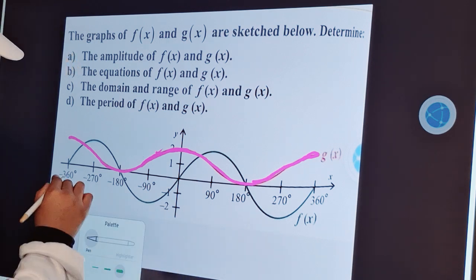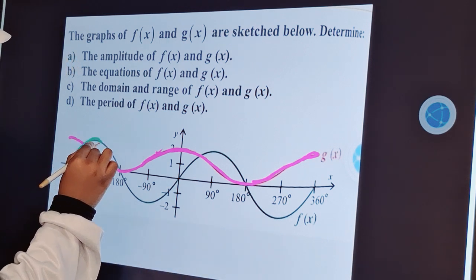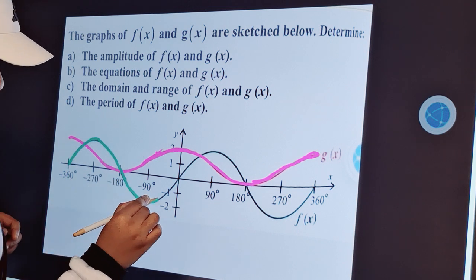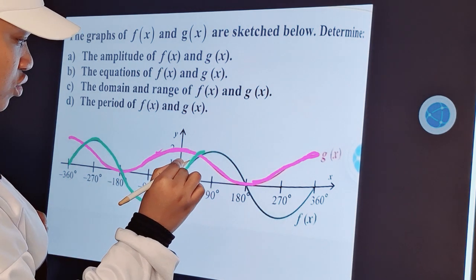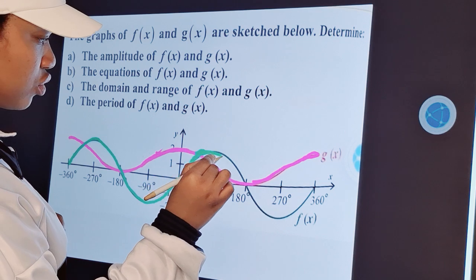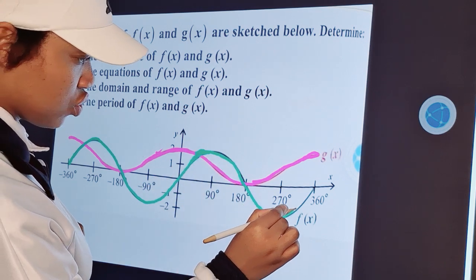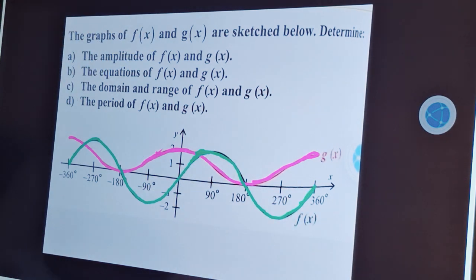I'm highlighting them so that you can differentiate between the two graphs. The graph of f(x) is a sine graph. So the pink one is a cosine graph, and the green one is a sine graph.